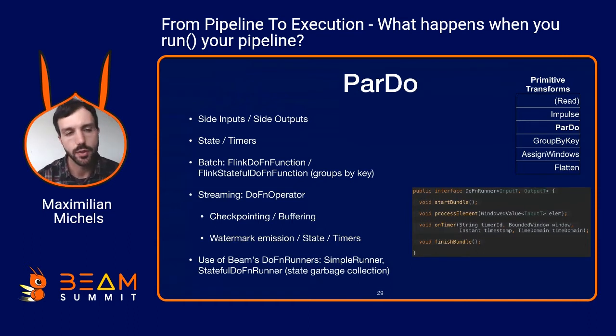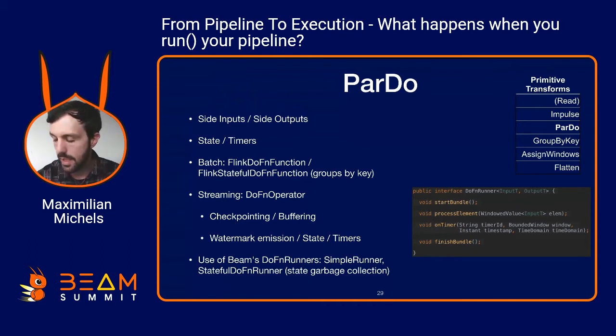We often have to introduce another compatibility layer, let's say. In streaming, we have the DoFn operator, and that does checkpointing and buffering of data, watermark emission, state and timers. Fortunately, Flink supports all of these capabilities already.